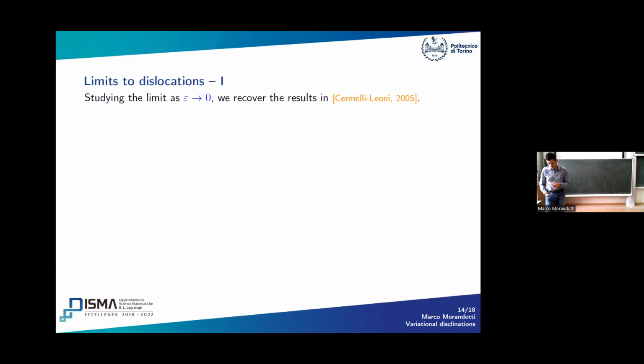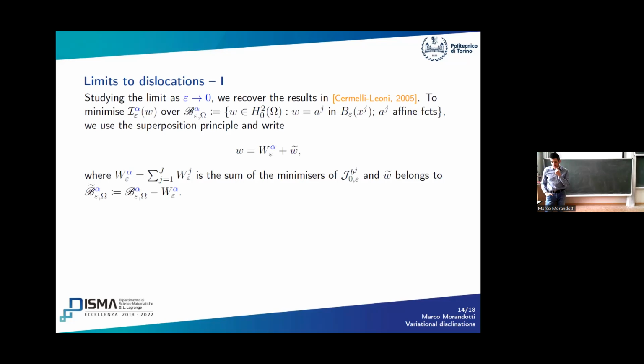So it's all fine. And now two words about the limits, and then I think I will be quite on time to conclude. So what we did was to study the limit now as epsilon goes to 0 of this functional that we have obtained, and we recovered the result in this paper that I mentioned at the beginning by Cermelli and Leoni.